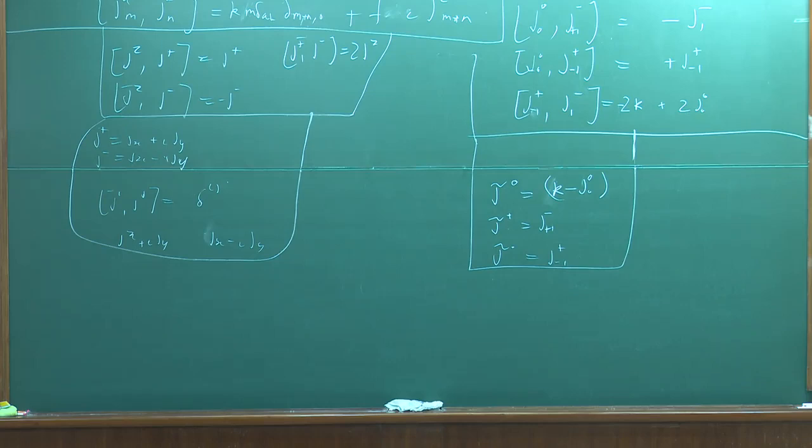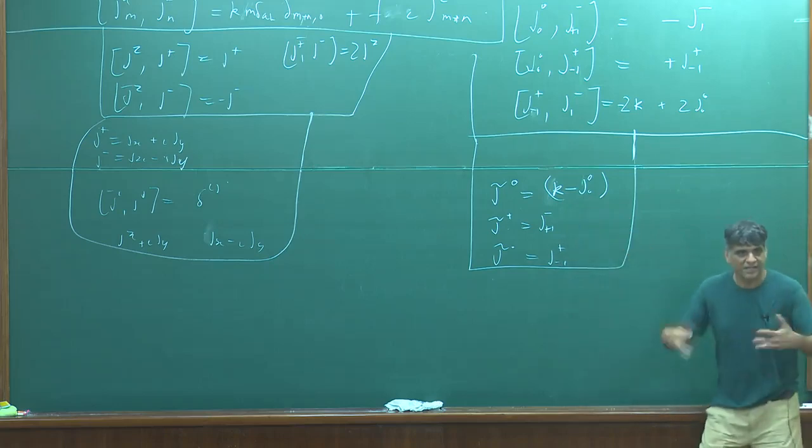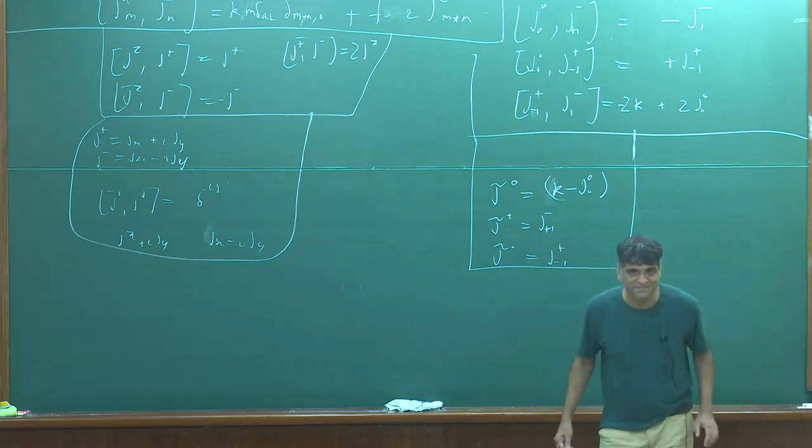In this case, we might have wanted to replace k by 2k and write it as an integer. I'll keep it a half integer. We come back to this point in a minute. We're going to say it more clearly in 2 minutes.